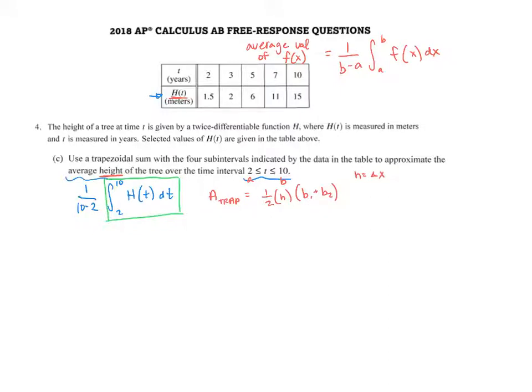The change in x is your height. And the base 1 and base 2 would be your outputs, your first, second output, your second, your third, and so on and so forth. So for our first trapezoid, this delta x is going to equal our height. And this could be our base 1 and base 2.